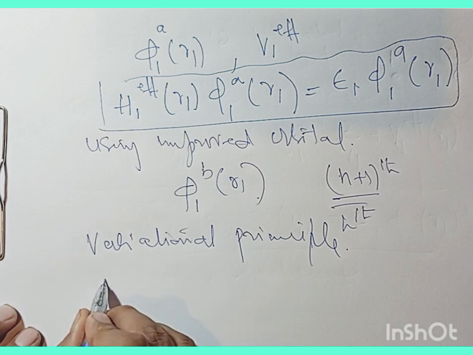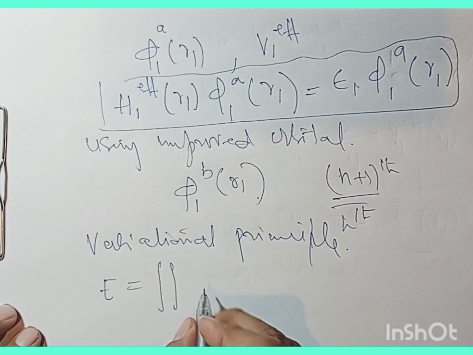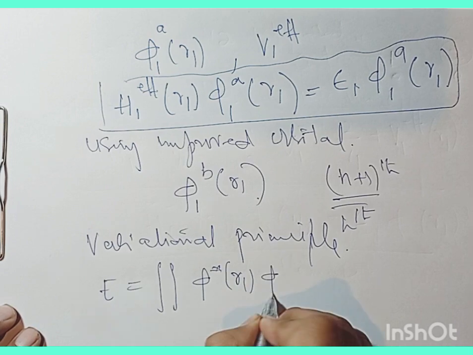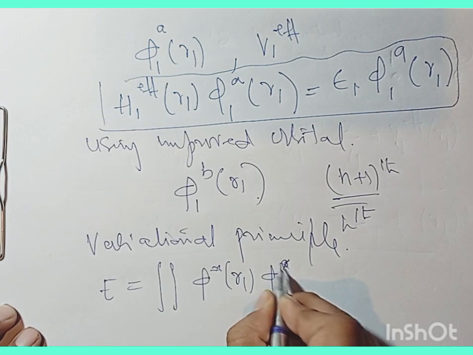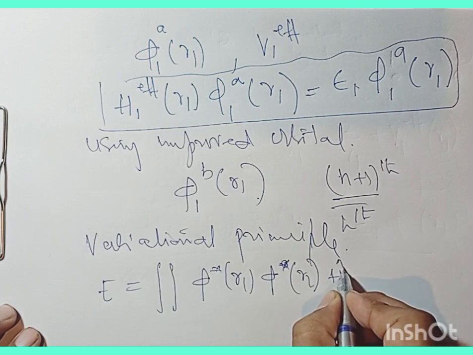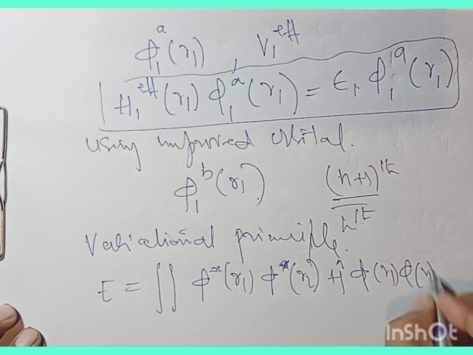So writing down the energy, E is the integral of phi star of R1 phi star of R2, then H, and phi of R1 phi of R2 dr1 dr2.